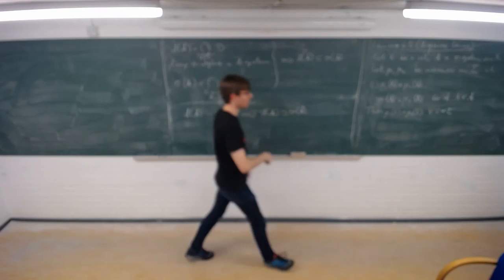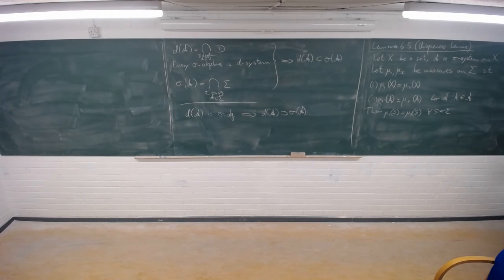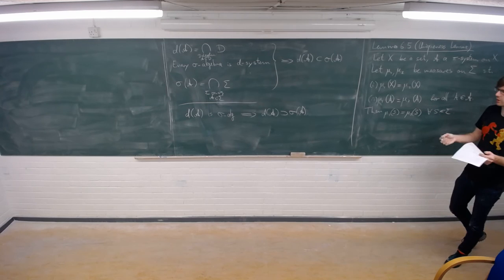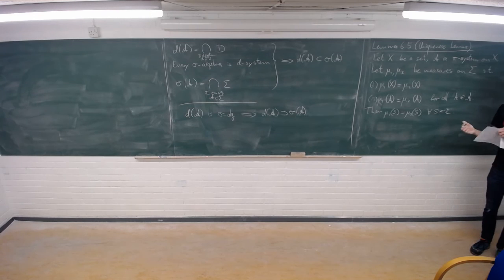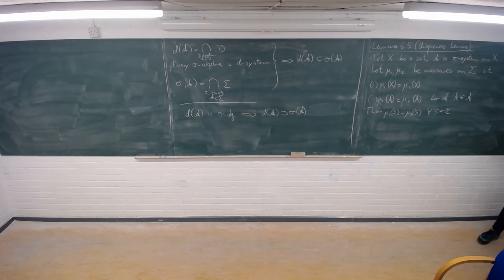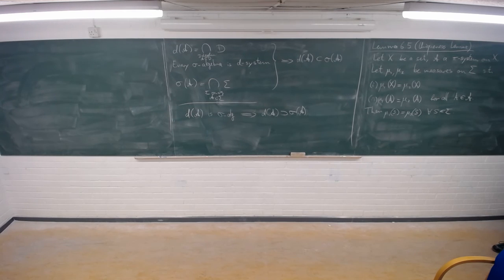So this means if we want to test whether two measures are equal or not, we don't have to test them on the entire sigma algebra. We just have to test them on a pi system that generates the sigma algebra. So we can take much fewer sets, and we can already conclude that these measures are equal.